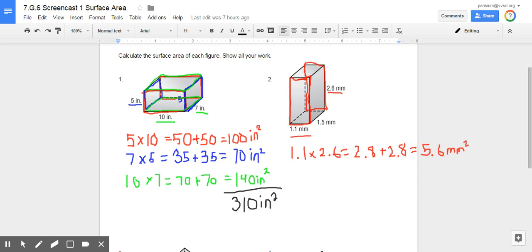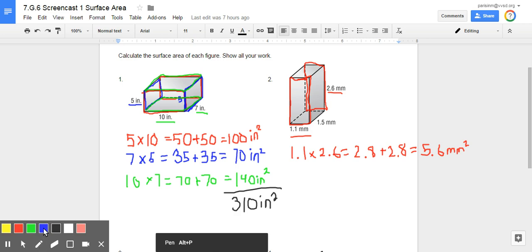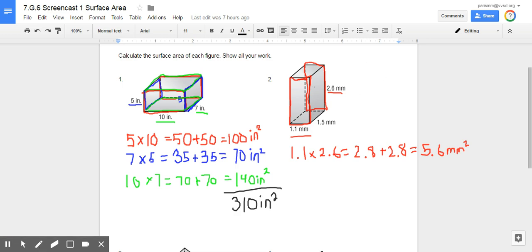Okay, next one. I'm going to use a different color so you can see what I'm doing. Let's do blue. I'm going to highlight the left and the right side of my box. I have this side, which is the same as this side in blue.